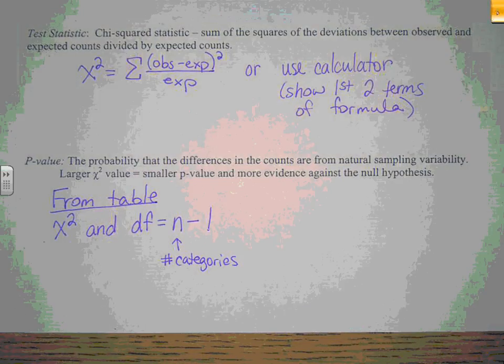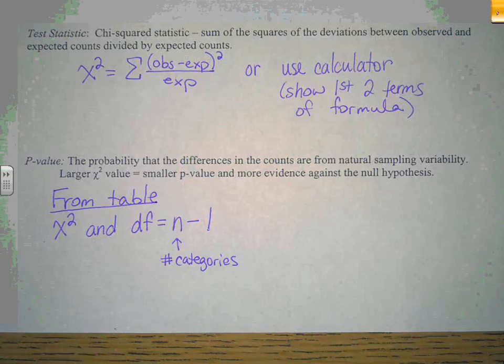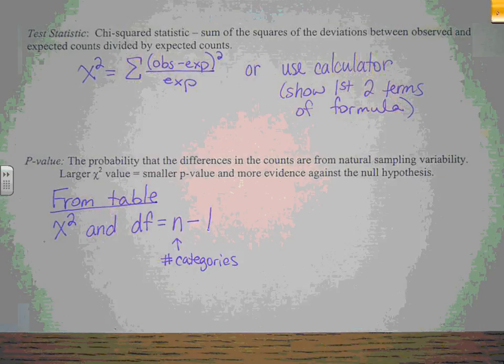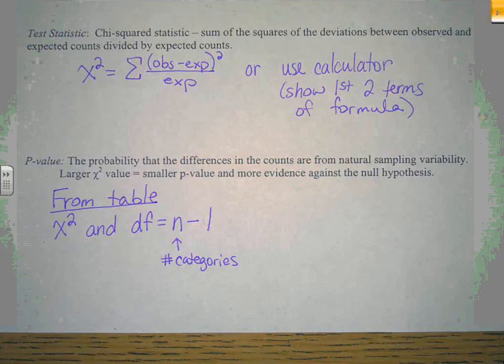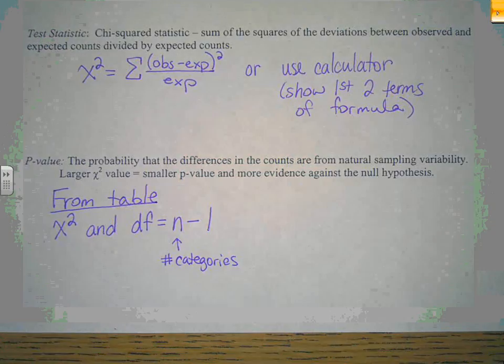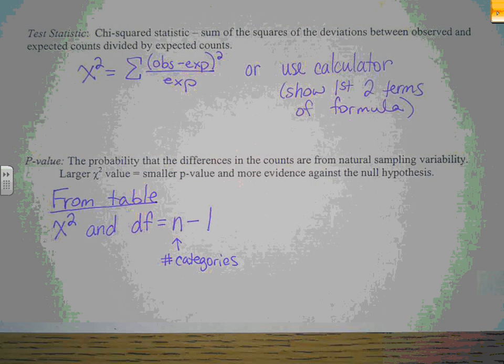I'm going to show you this anyway, even though most of the time you're going to use a calculator. Occasionally there's multiple choice questions where it'll just give you the chi-squared and ask you to find the p-value. And so you have to know how to do that, either by hand or using the table.